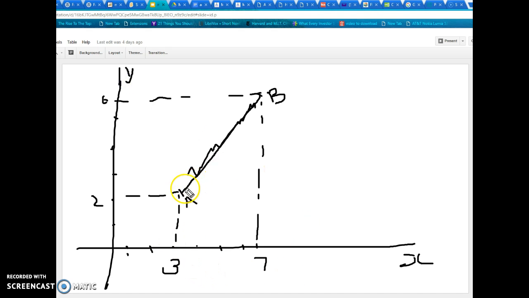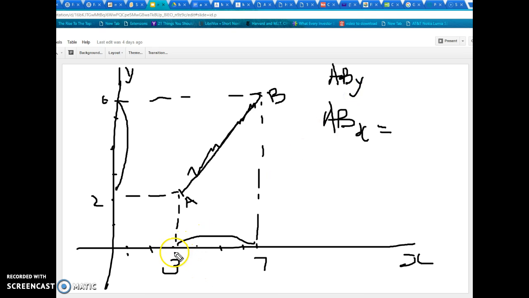Instead of taking my ruler and measuring, I just need to know the value of this, because this is the x for AB. If I want to know the x for AB, it will be this length. The same thing, this is gonna be the y for AB. To find this one, this is gonna be the 7 minus the 3, and I'm gonna have this one.